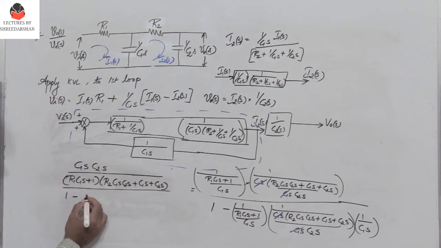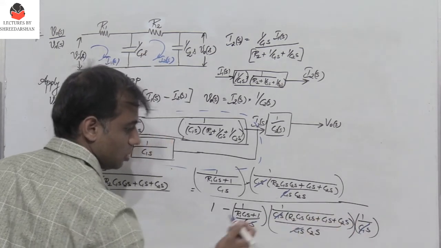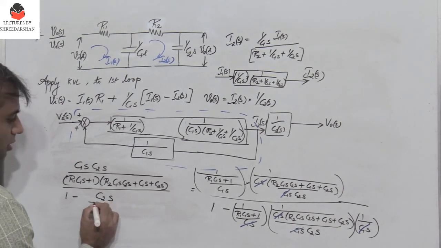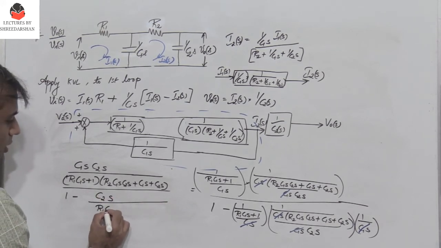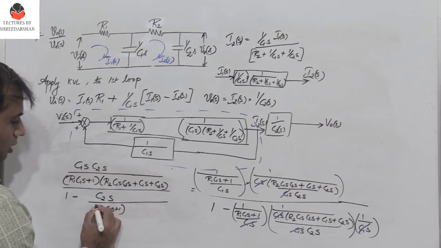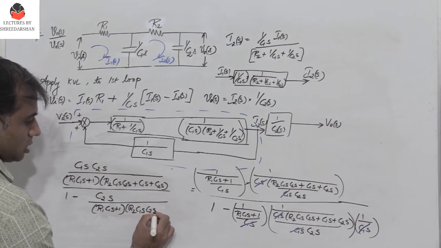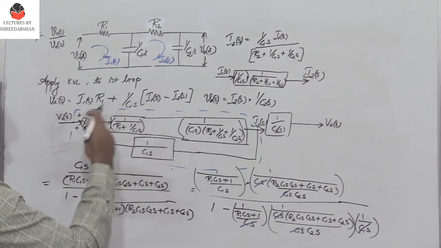So I have 1 minus this same expression, which is, so now if you observe, this C1S and C1S also can be cancelled. So I would get, in the numerator you will just have C2S divided by, the denominator of course remains the same, R1 C1S plus 1 into R2 C1S C2S plus C1S plus C2S. So this is the feedback part.